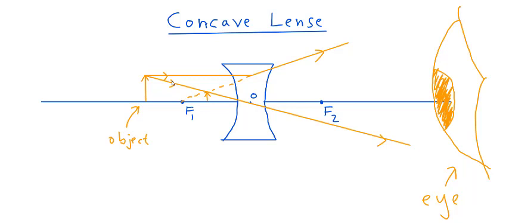Notice we started by drawing the light rays from the top of the object, and what we find is that the top of the arrow, to the person, appears to be here. So this here is the image of the arrow.